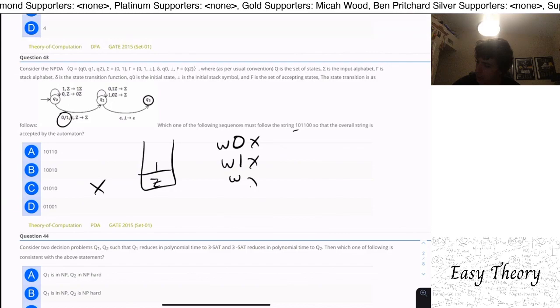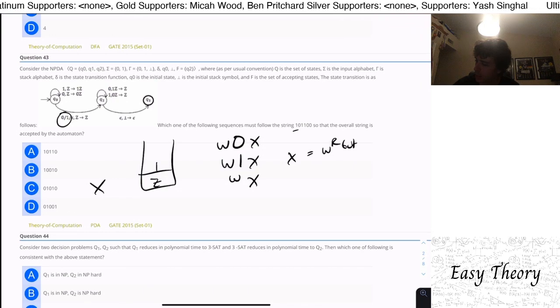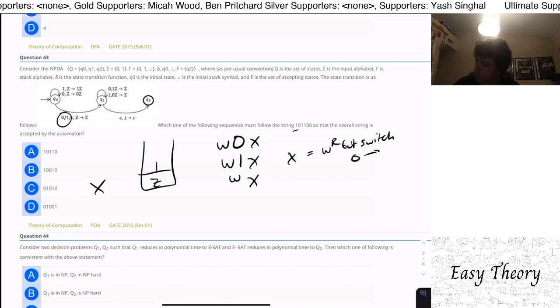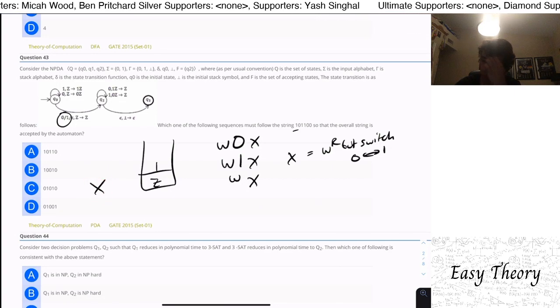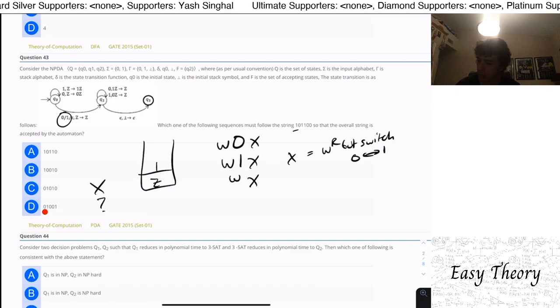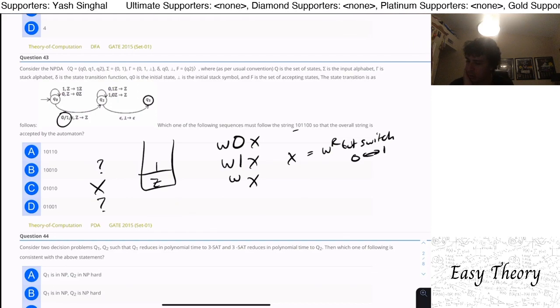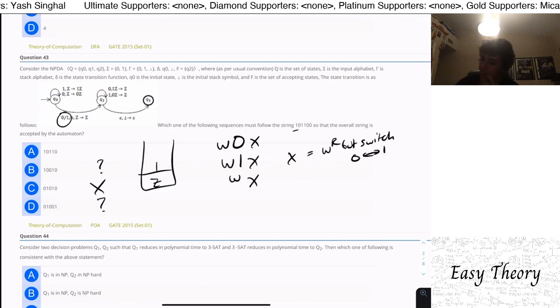So it must be something like this, where x is the w reverse, but switch 0 and 1 here. Yeah, so this one won't work. The last one might work because you're just switching the 0 and the 1 on both sides. B might work for the same reason, and A might also work.